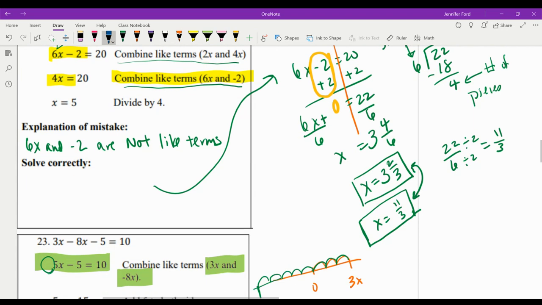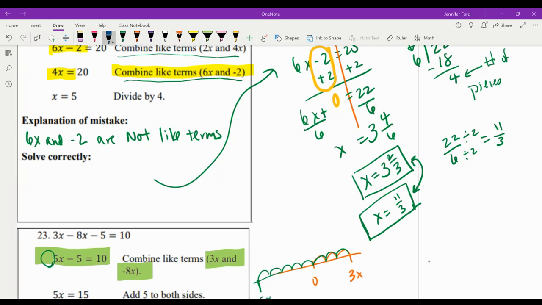Oh, one other thing. If you did this with a calculator, you probably would have gotten 3.66666 as your answer. If you get a repeating decimal, I would like you to round it to a decimal place that makes sense. Sometimes I'll tell you where I want you to round it. Oftentimes, rounding it to the nearest hundredth makes sense, just because I like 100.